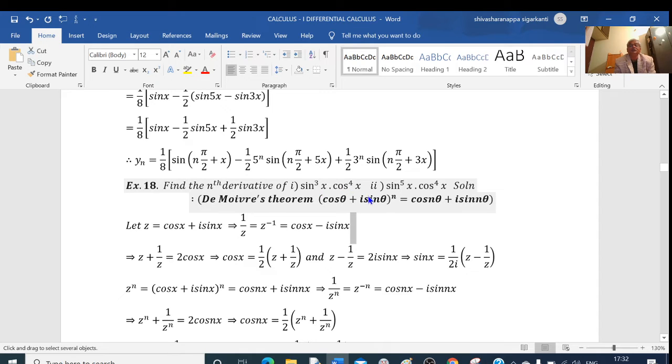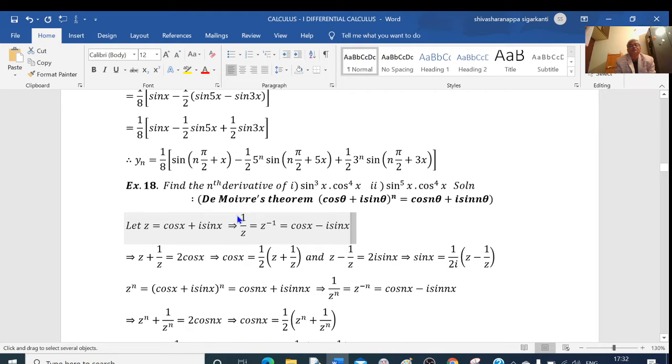Then what we do here is use De Moivre's theorem. De Moivre's theorem says (cos theta plus i sin theta) to the power of n can be written as cos of n theta plus i sin of n theta for any integer n. So in this case, let z equal cos x plus i sin x.